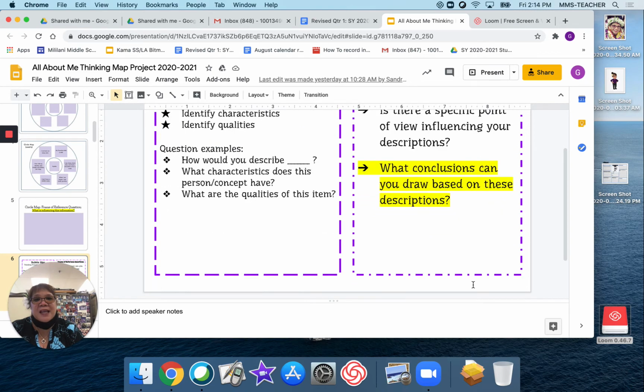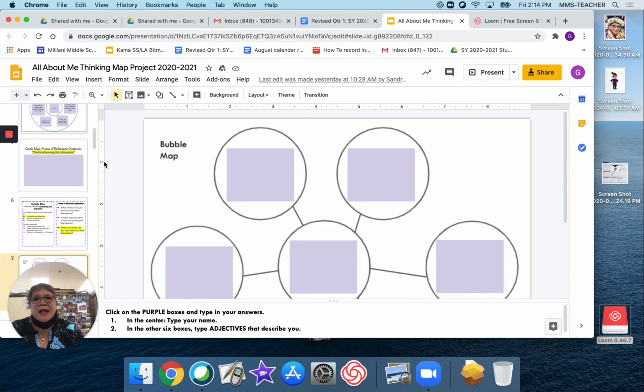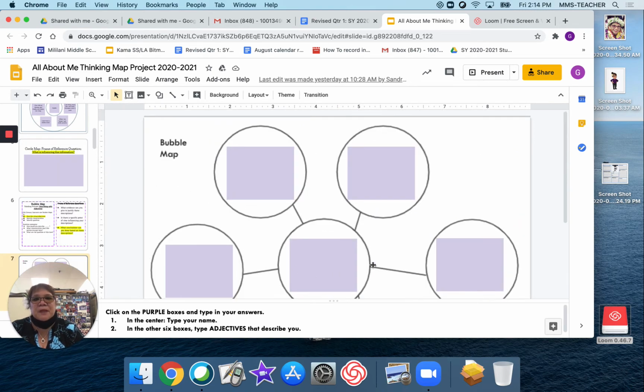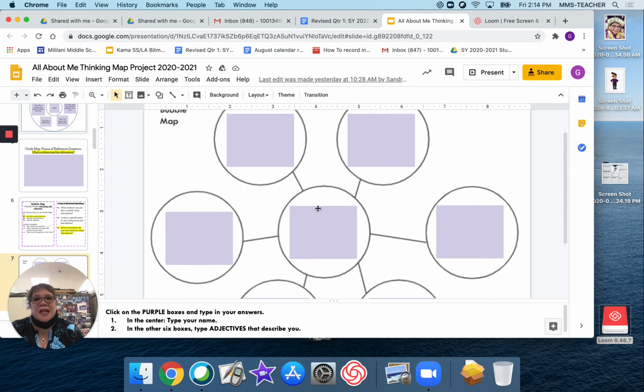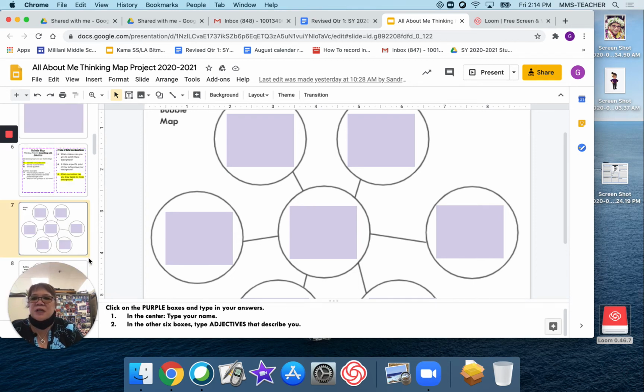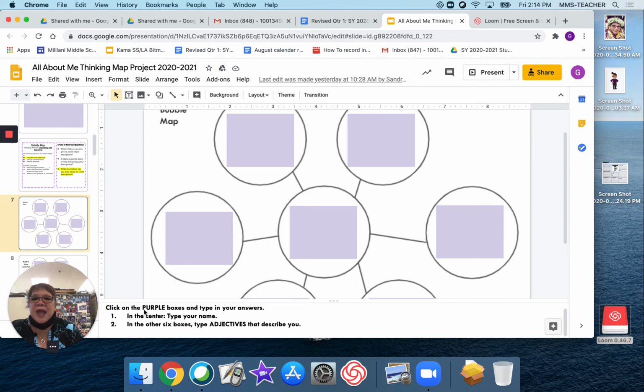Okay, so let's take a look at the bubble map. This is what a bubble map looks like. Again, in the purple box, you're going to type your answer, and in the center, you will type your name, and in the other 6 boxes, you will type the adjectives that best describe you.